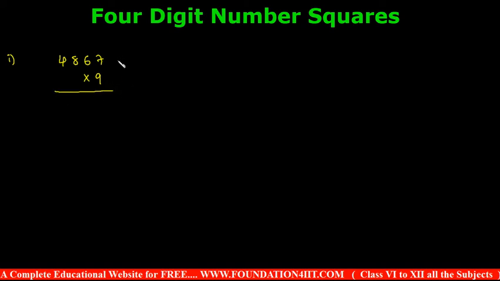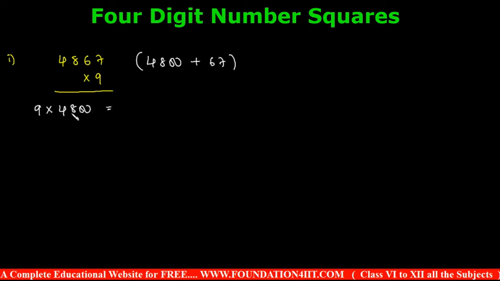We can break this into two parts: 4800 plus 67. So it becomes 2 digit by 1 digit. Instead of multiplying directly, we take 9 into 48 and 9 into 67 separately. This is also one of the methods, a concept we already learned, just repeating again.